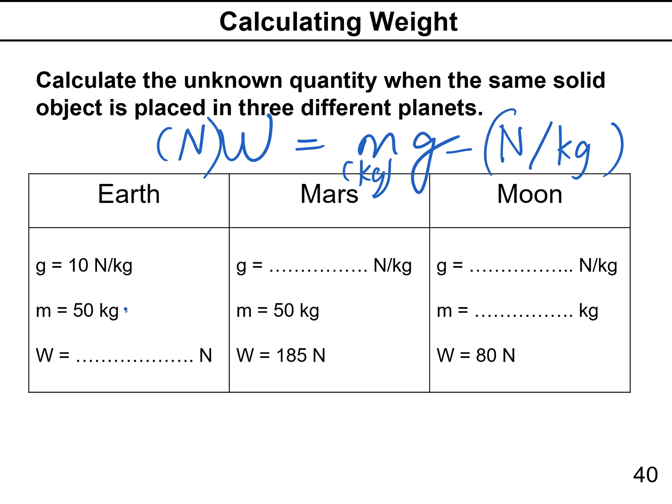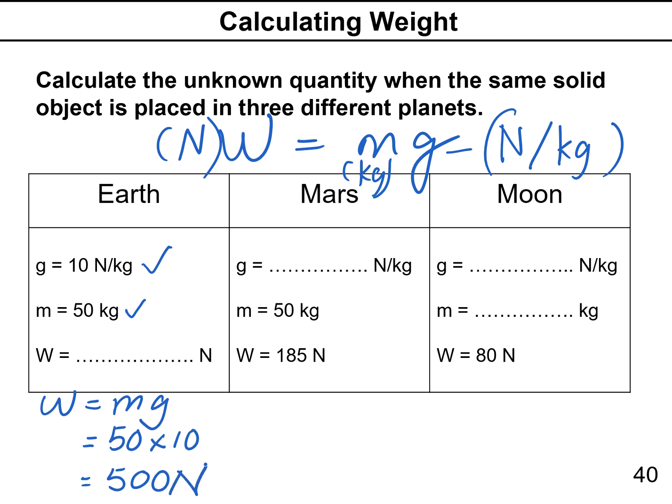So if I have m, I have g, can I calculate W? Yes, I can. I will write W equals mg, the mass is 50 kilograms, g is 10. So you see I write the formula, I show substitution, and then I get my final answer here. So that is 500.